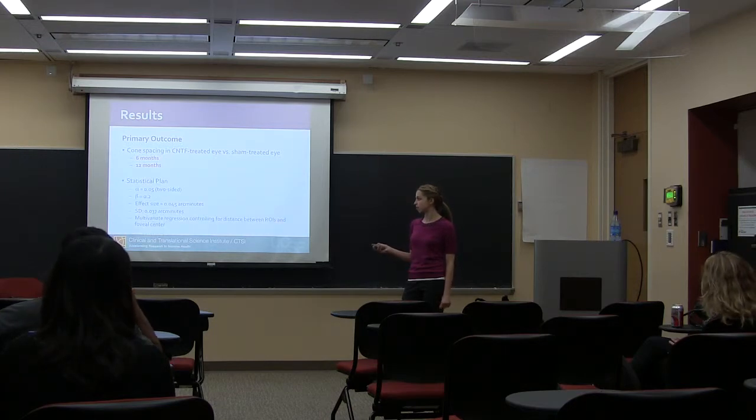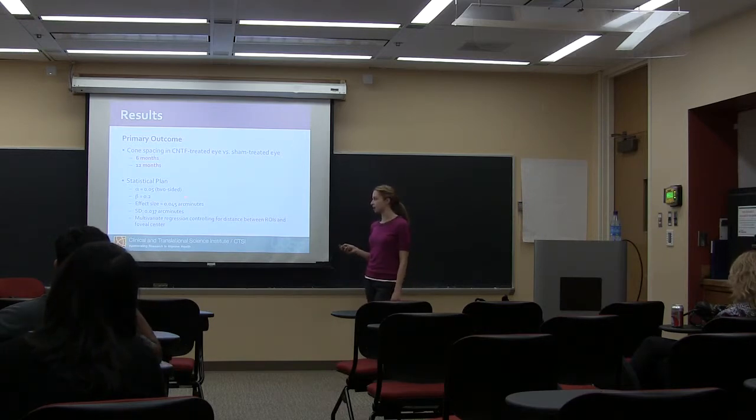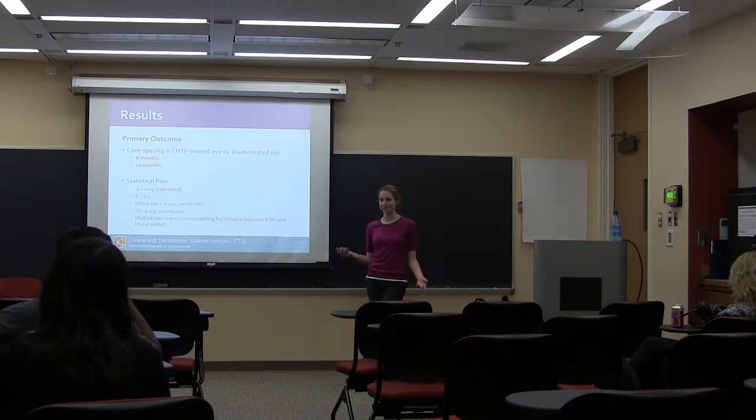Our statistical plan, so I'll just talk quickly about the effect size. This is the size, the change in cone spacing that we expect to see over 1 year. And that's based on a paper actually done by a prior CTRFB fellow who looked at this. And arc minutes is like 1/60th of a degree of the retina.